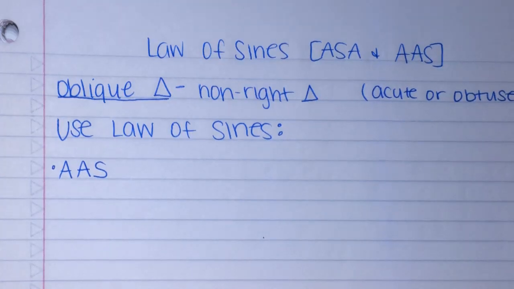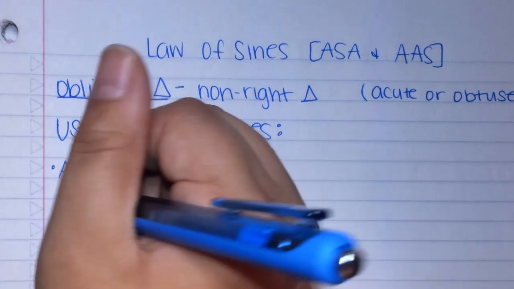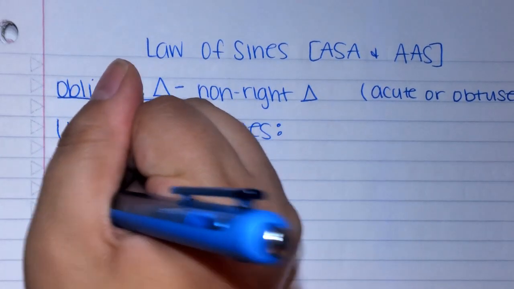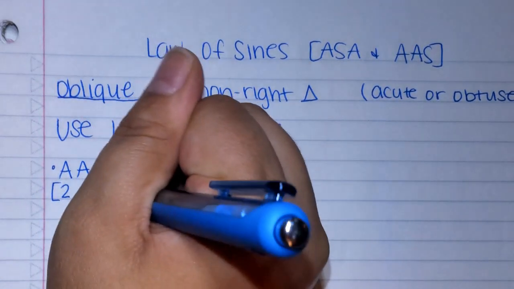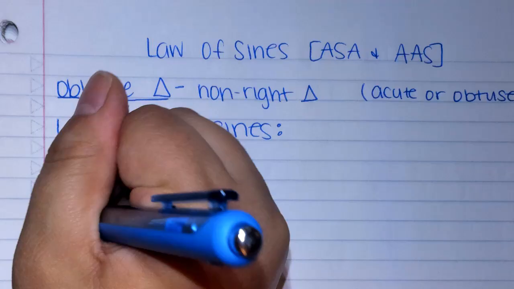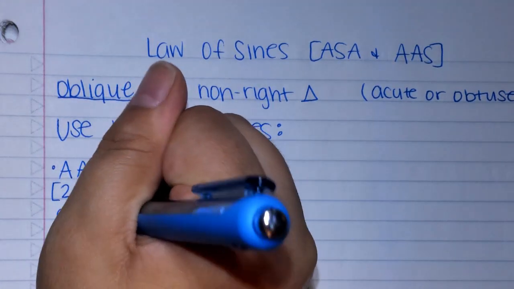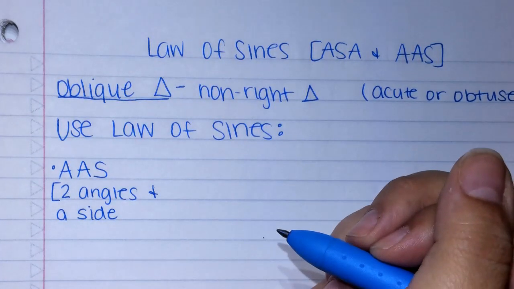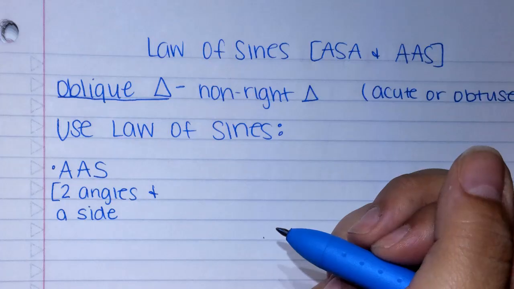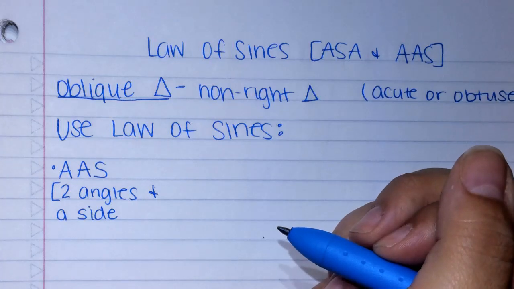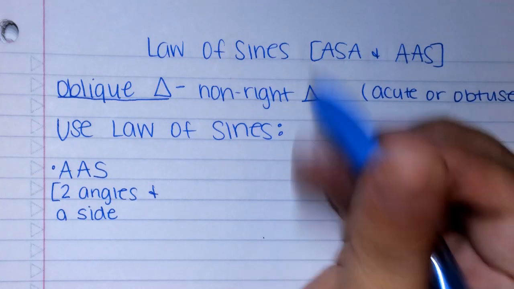What does AAS stand for? Angle, angle, side. And how do you know a triangle is angle, angle, side? There's 2 angles and a side. Where is that side? Is it between the angles?